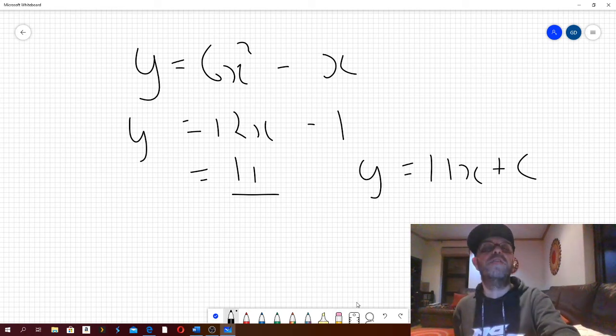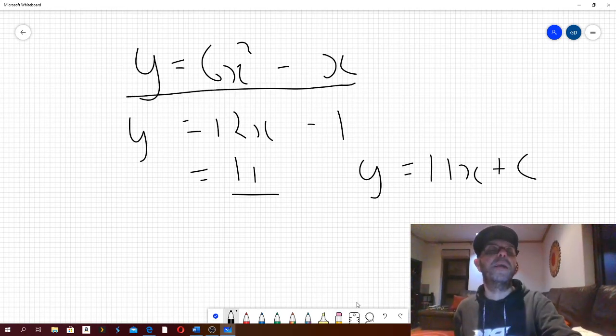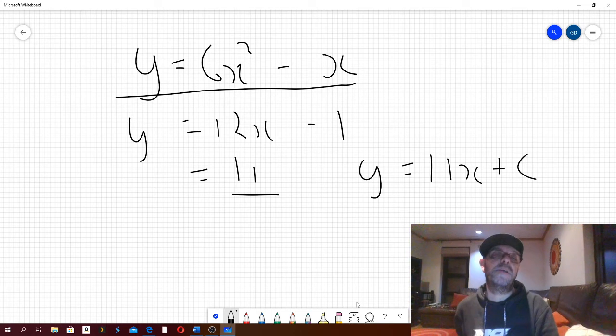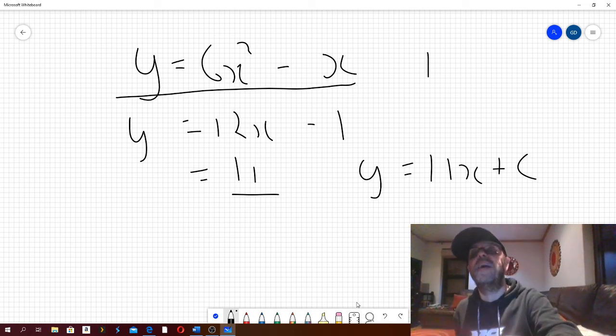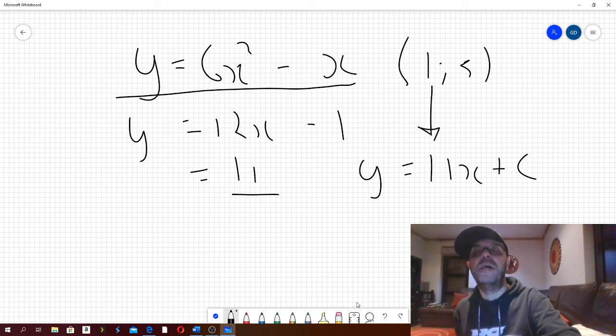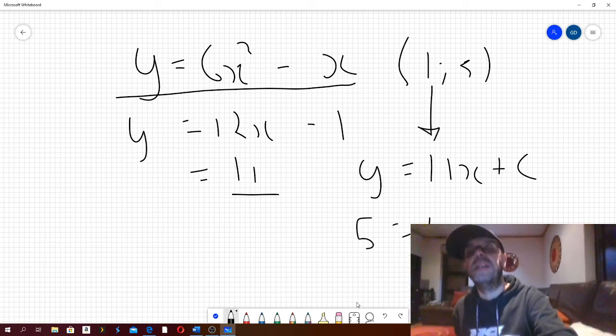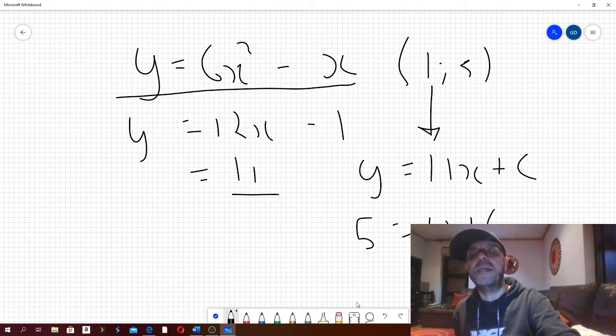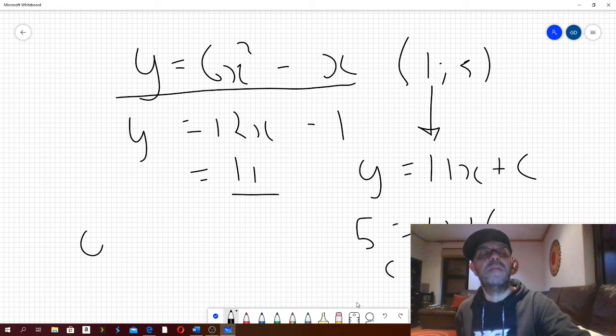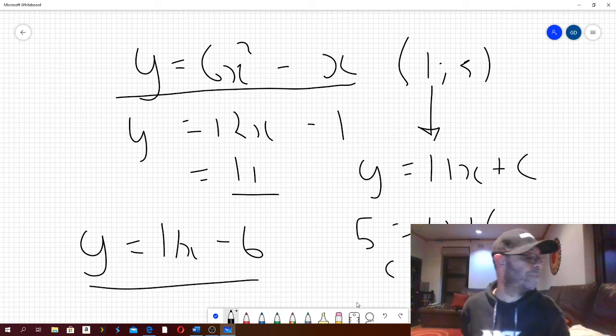So then I can go and find what y is by plugging it in here. 6 - 1 is equal to 5, so (1, 5) is one of the points on this curve. We'll use this point and say that 5 = 11 + c, making c equal to -6. And therefore I can say that the equation of the tangent at that point is y = 11x - 6.